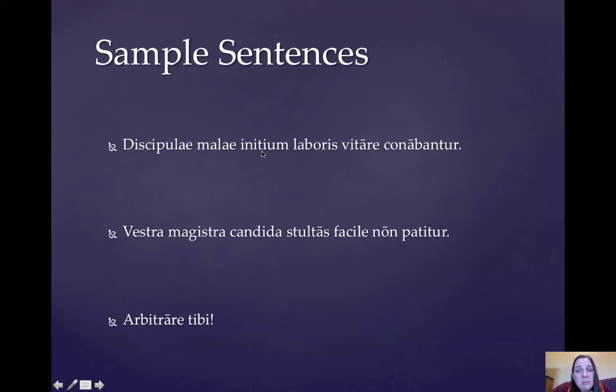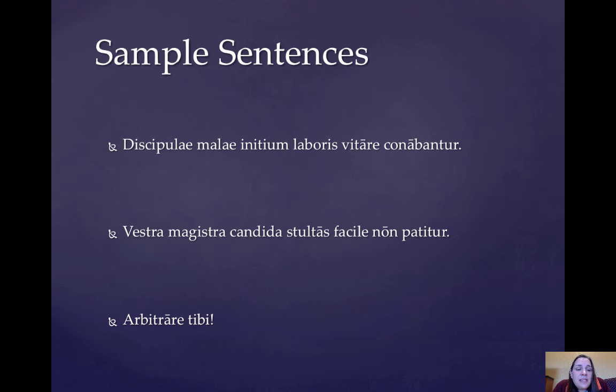So it translates just like an active verb would translate, okay? It can take a direct object, as you can see, so these are weirdly transitive verbs. Yeah, and you just have to know which one of these verbs are deponents so that when you see the passive forms, you know to translate them actively.